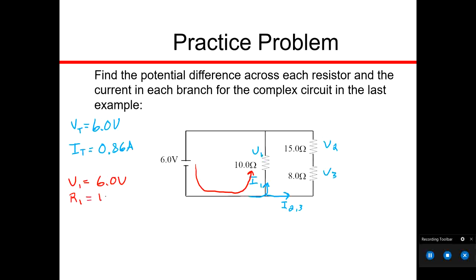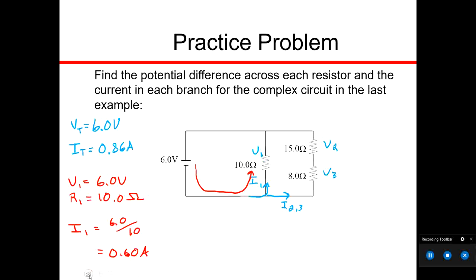R1 is 10 ohms. So we can use these two to solve for our current in branch 1. 6.0 over 10. Okay, and this gives us 0.60 amps traveling through branch 1. So that's our current for branch 1.